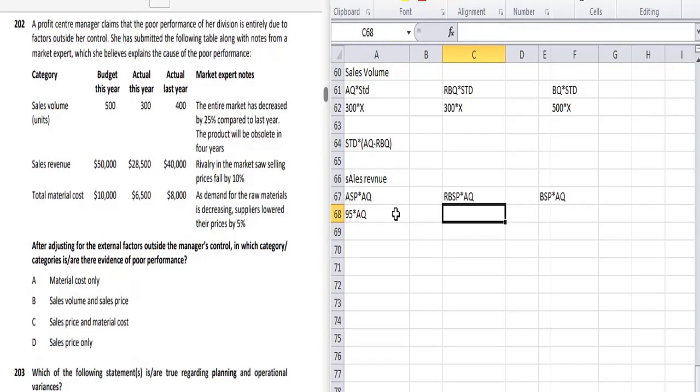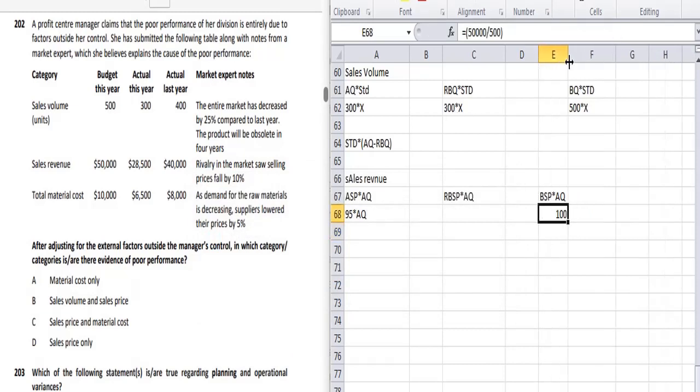Just hold on a second, we will come back to it. The budgeted selling price will be our 50,000 divided by 500, right? So how much, 50,000 divided by 500, 100, so 100 into AQ. I hope it is clear till here.